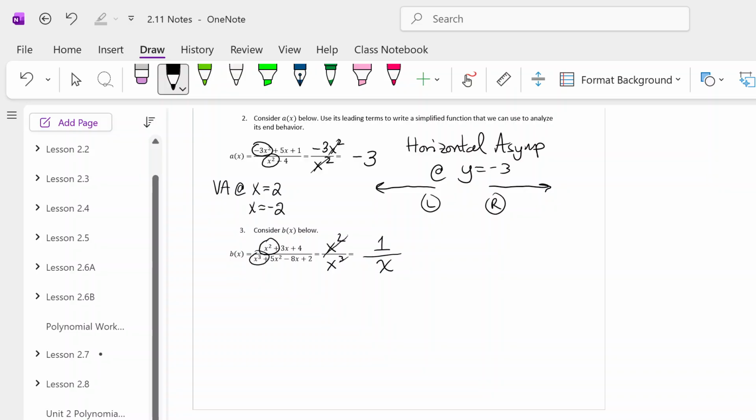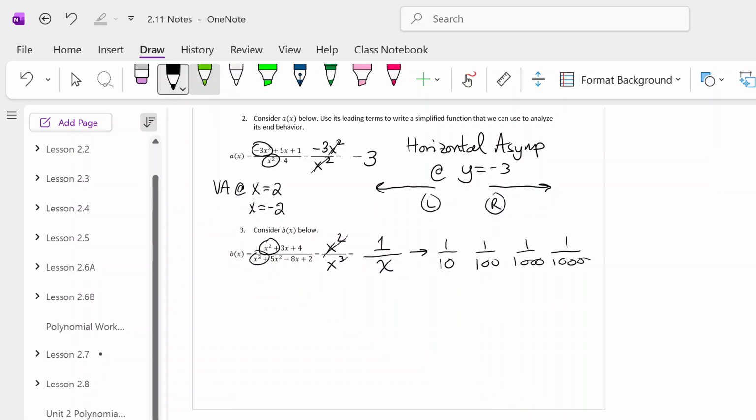Well, it's not a polynomial, because polynomials can't have x in their denominator, so we can't really focus on a leading coefficient or degree. But let's think about what happens if we plug in larger and larger x values. Start with 10, then go to 100, then 1,000, then 10,000.